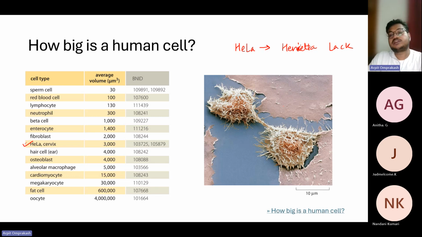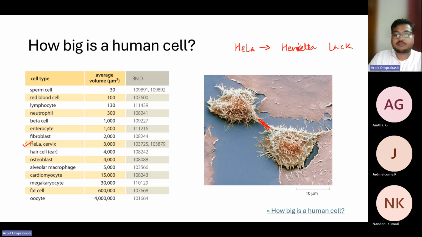Okay. So here is a photo of a HeLa cell dividing. This small tube that you see here is the last connecting link between these two cells, which will sever in some time, and these cells will then be two separate individual cells. The scale here is that this much is 10 micrometers.